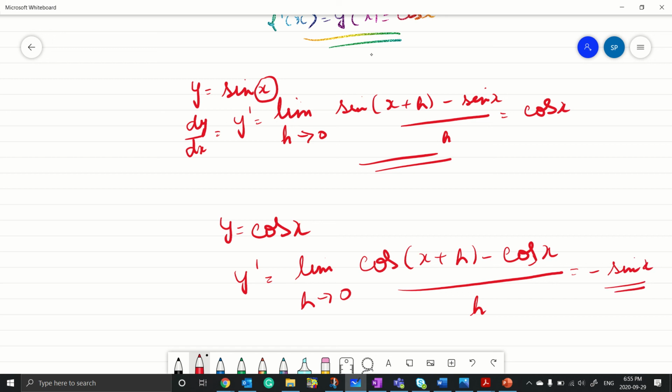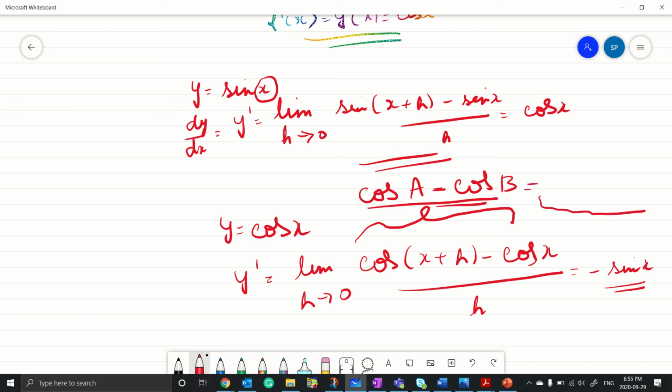The only thing you have to do is apply the cos a minus cos b formula. I'm not going to give the answer away; please find out what this is. It will come in terms of some trigonometric functions, either sine or cos. Try to do it in a similar manner, and you should get a negative sign.